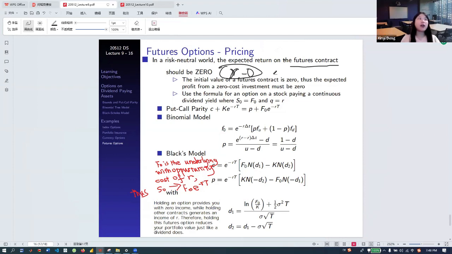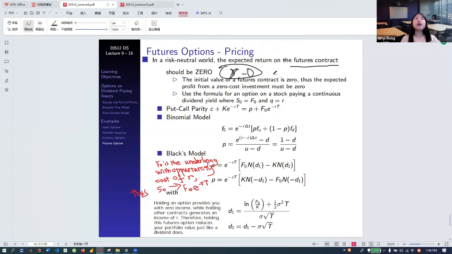Both this difference between the futures contract's return and the return on other assets, or we can say the opportunity cost, and the dividend yield, are going to reduce your portfolio value, basically by reducing the asset price level.